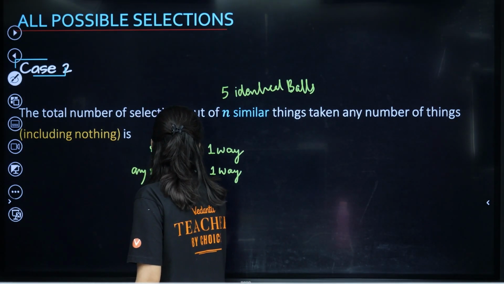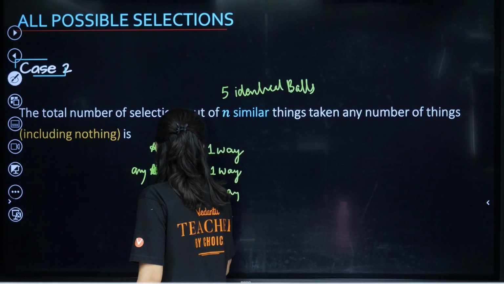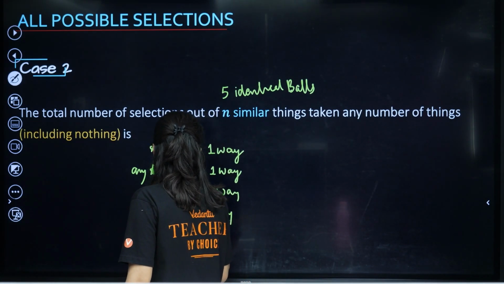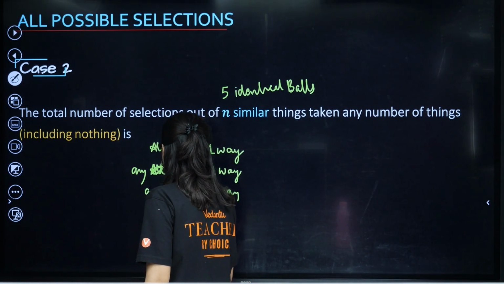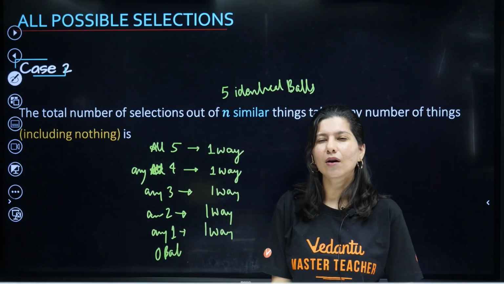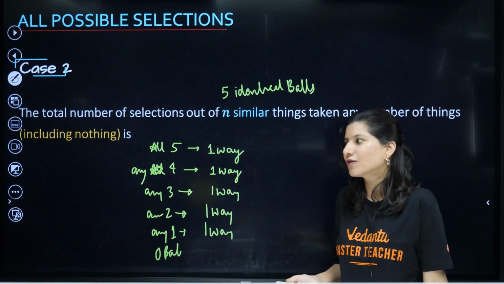Any 3, also one way again. Any 2, again one way. And any 1, again one way. And 0 balls. Suppose I am thinking, let me just not take anything. Taking nothing is also one way.